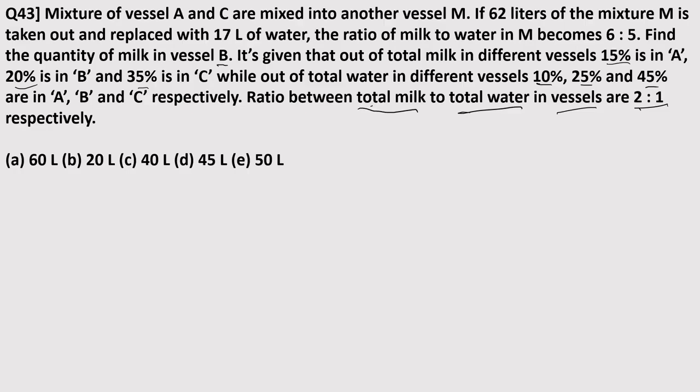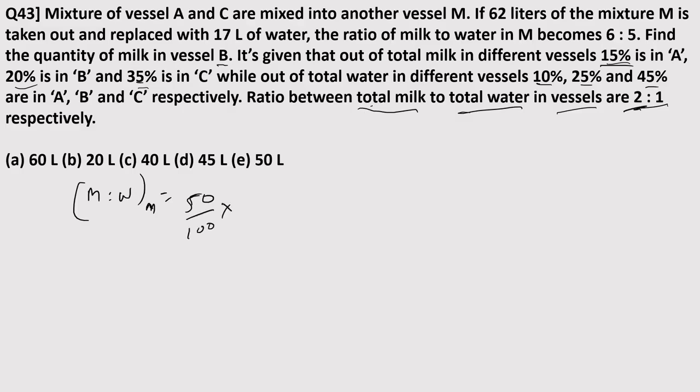Now let's start. Mixture of A and C are mixed into another vessel M. Okay. Now milk in M, I can say milk is to water in M. In M, milk is how much? See, milk in M has to be from A and C. 15% is in A and 35% is in C. So total 50%. 50% of what?